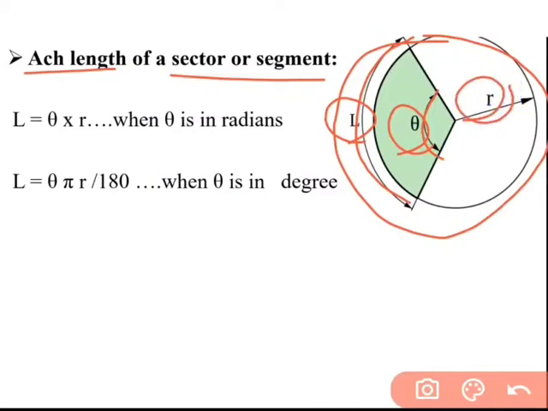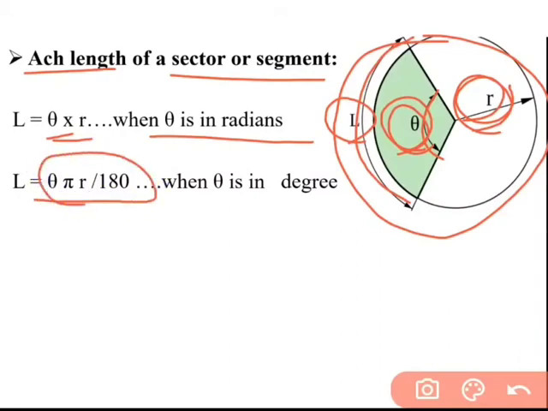So arc length L is equal to theta multiply radius small r, where theta is in radian. Second equation, L is equal to theta pi r divided by 180, where theta is in degree.